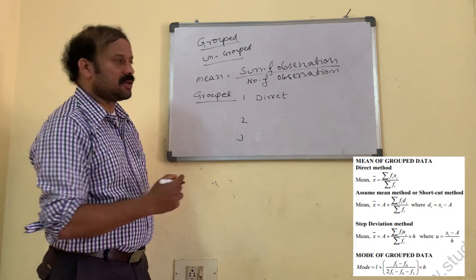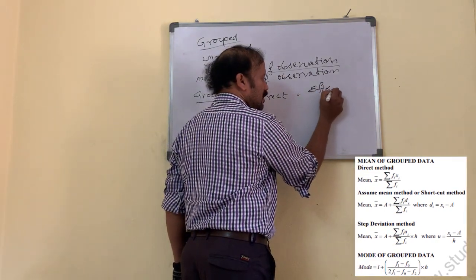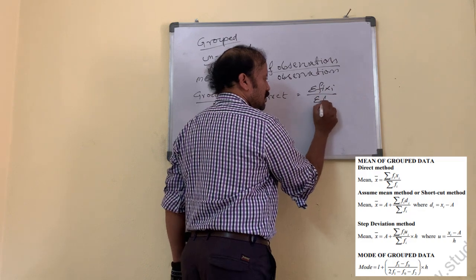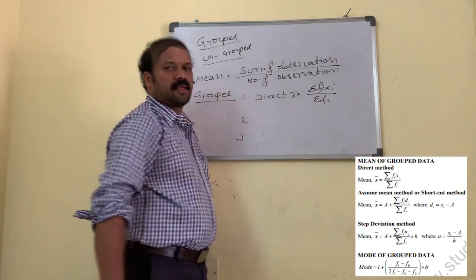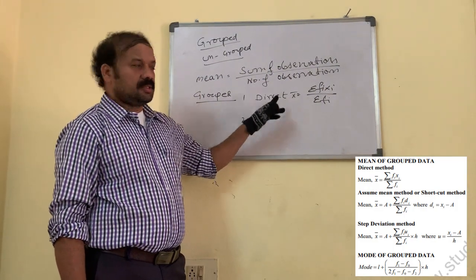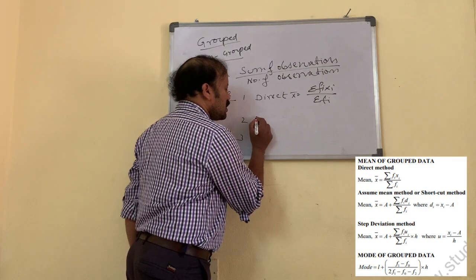The first one is the direct method, that is called x bar equals sigma fi xi by sigma fi. Direct method mean: sigma fi xi by sigma fi. Next is the assumed mean method.